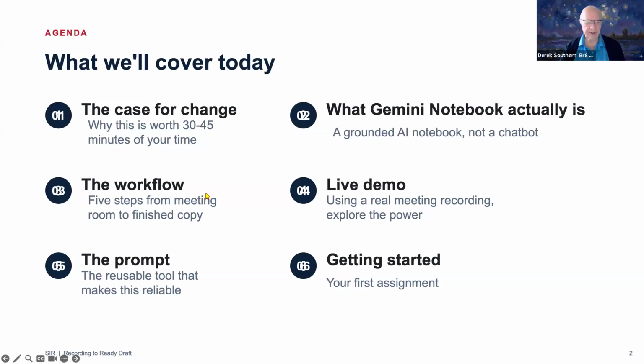The workflow, there's a very simple workflow, just 5 steps. Not complicated. I've just broken it down into very discrete chunks. The most techie word I'm going to use is the word prompt. And that's the word that the AI geeks use when they say, I want to ask a question of my AI.